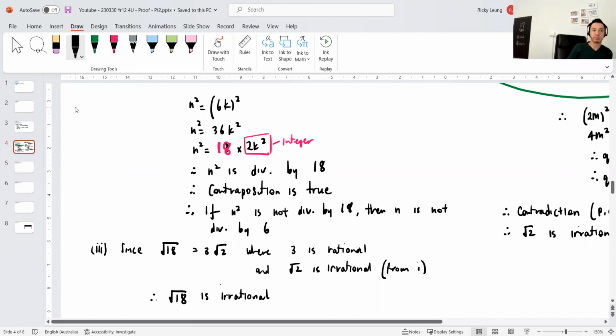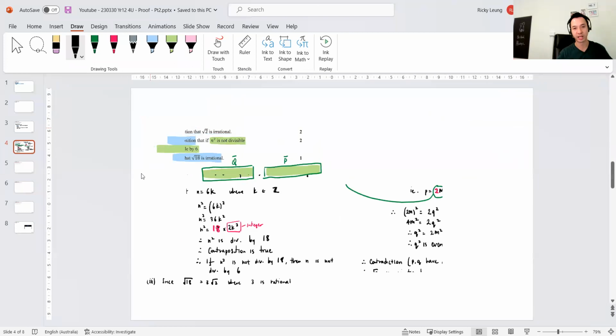Simple. That's it. No need to prove that detail piece that we did previously. It's a 1 marker. That's 1 mark.